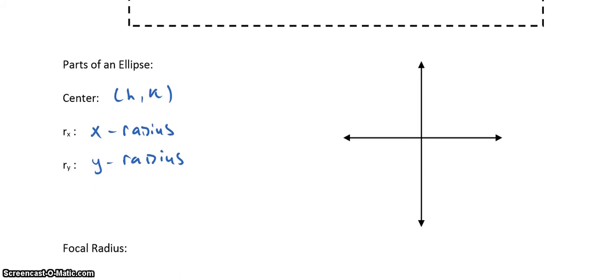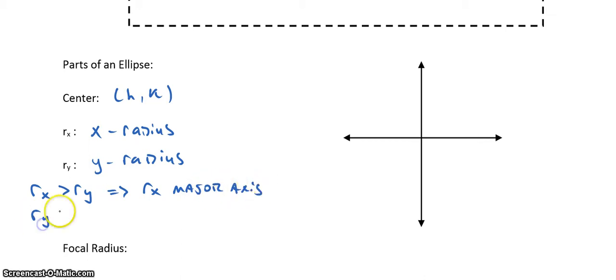Alright, now there's some important information to know here. We always compare the x and y radius. If r sub x is greater than r sub y, so basically, if the x radius is bigger, we say our x radius is our major axis.